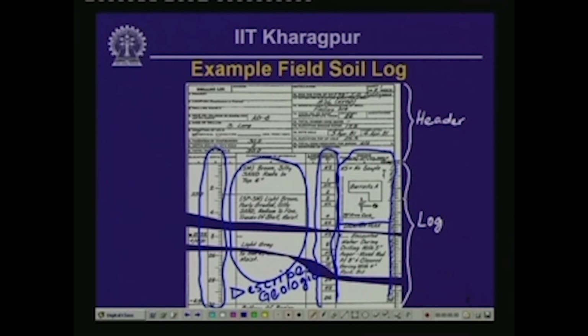So, that is the location plan, and then at an elevation of about 8 feet, this particular depth scale is in feet. So, at a depth of 8 feet during the drilling process, water was encountered, and that is indicated near the bottom portion of this remark column.